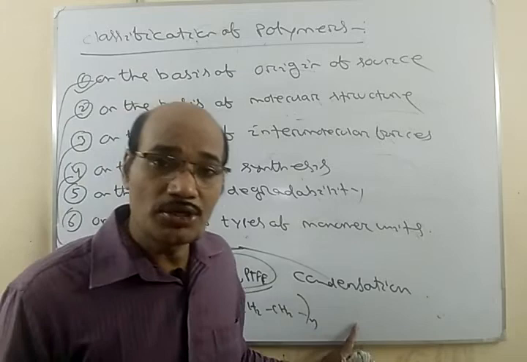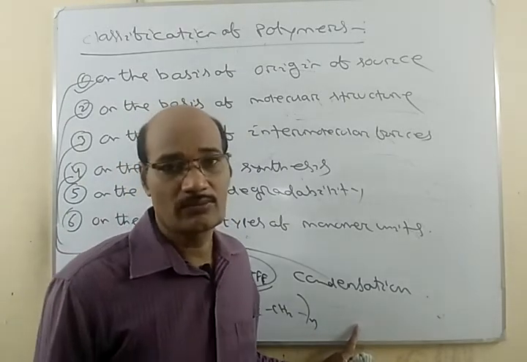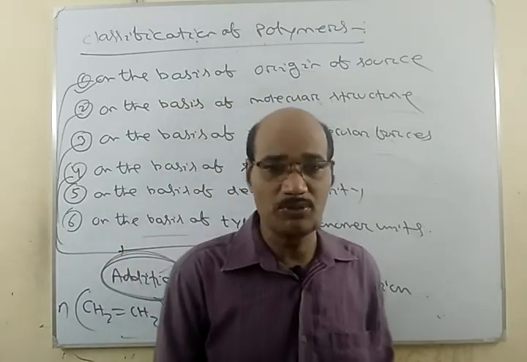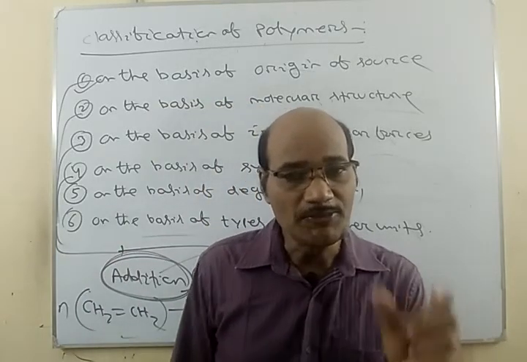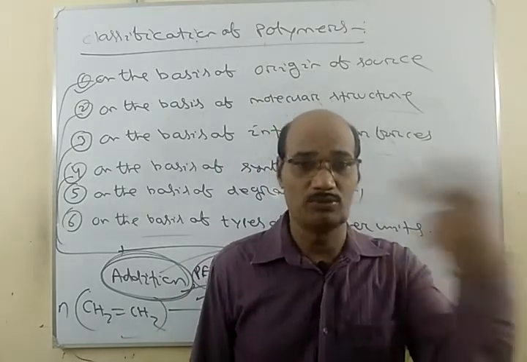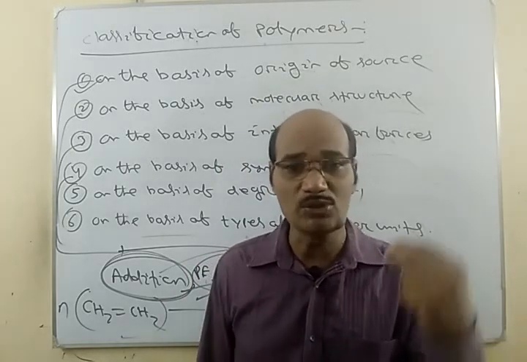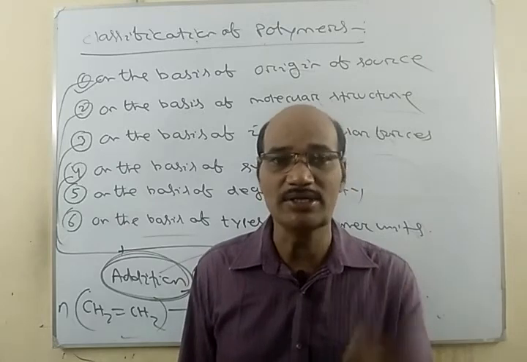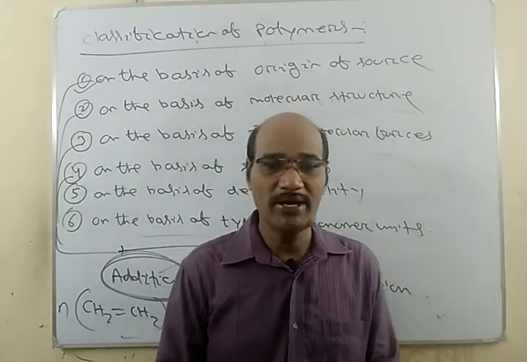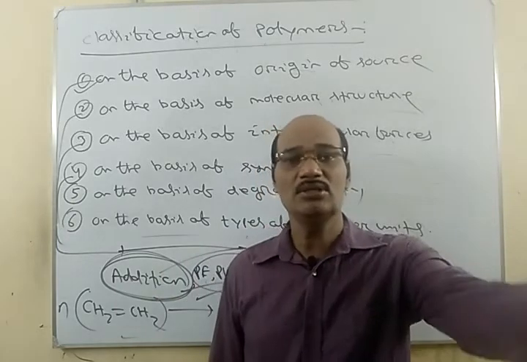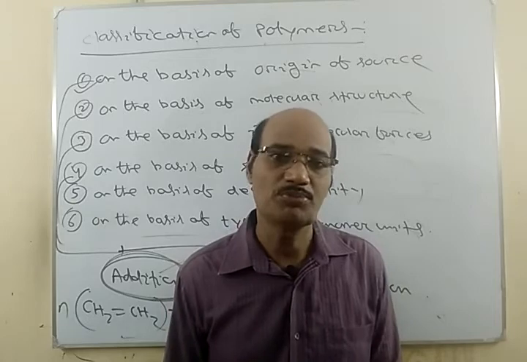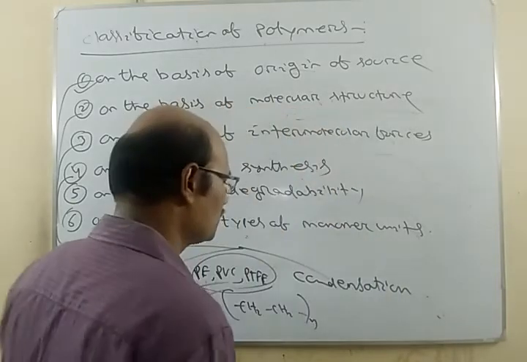Now condensation polymers are those which are formed by the combination of different monomer units with evolution of small molecules like water, alcohol, etc. So two monomer units combine with evolution of a water molecule or alcohol; that is called a condensation polymer. For example, nylon 6,6.